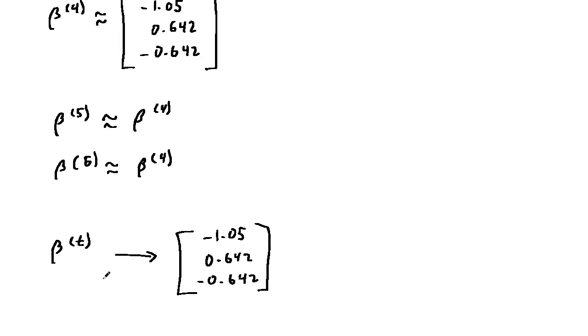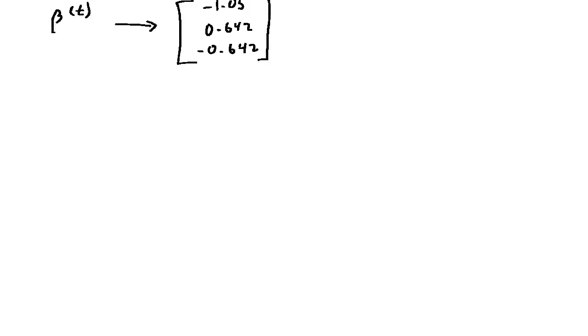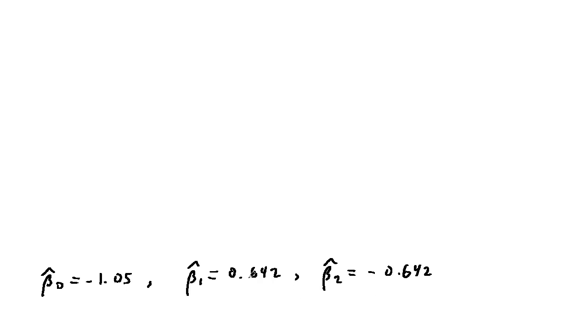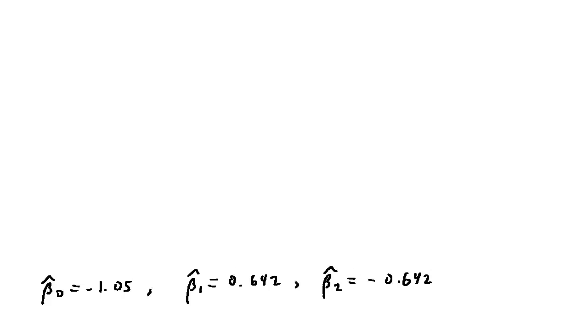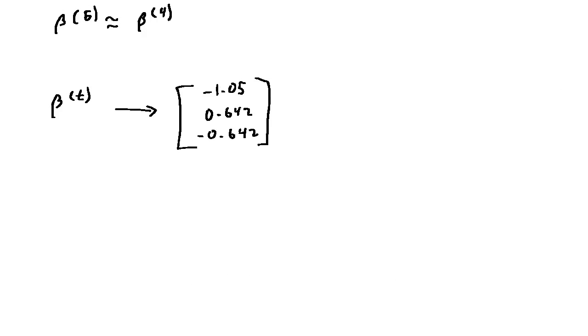So beta t converges to this vector here. The estimates for beta 0, beta 1, and beta 2 are given by beta 0 hat, which is negative 1.05, beta 1 hat equals 0.642, beta 2 hat is negative 0.642. Okay, that's what we got here from this vector.